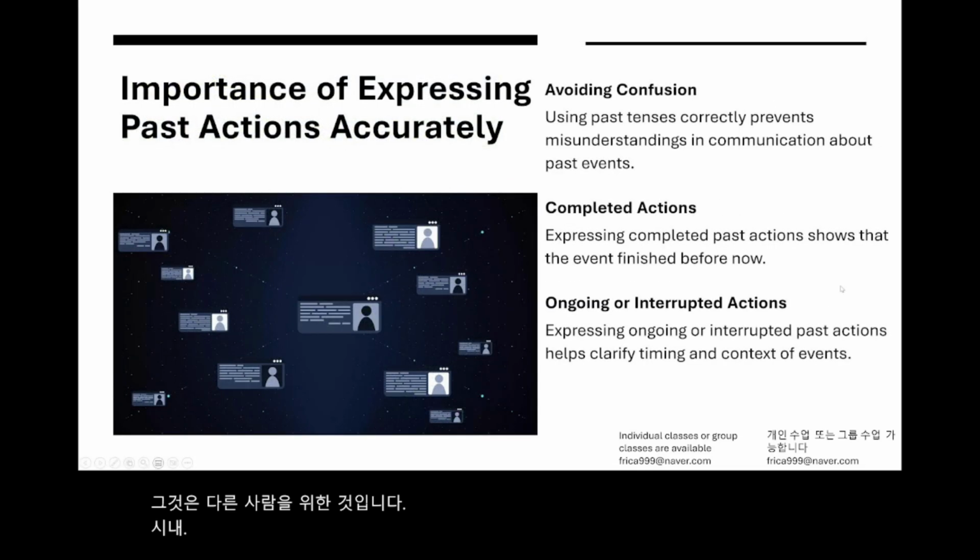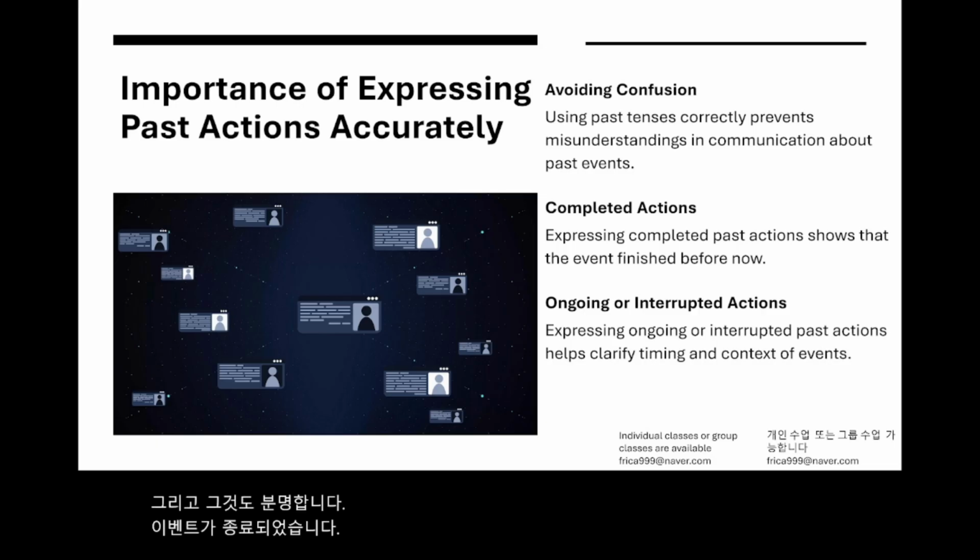So why is it important? Using the past tense correctly makes sure that there's no misunderstanding when you communicate what you saw in the past, what you did in the past, or something you heard about in the past. It's also clear that the event is finished.